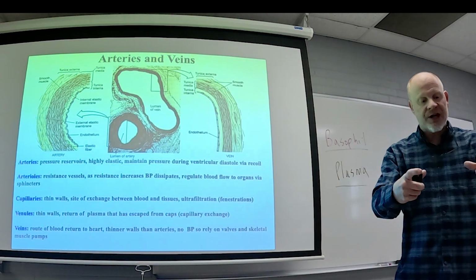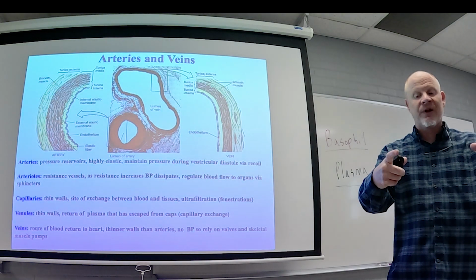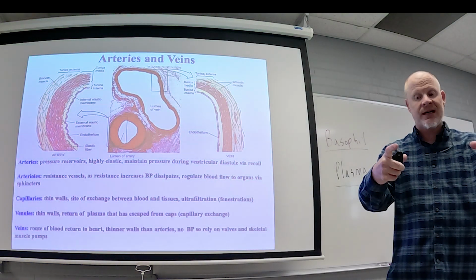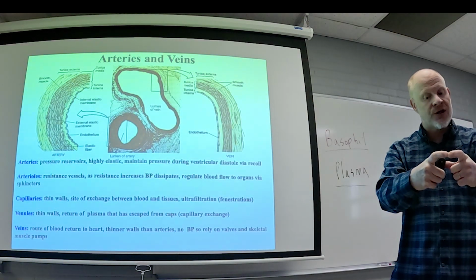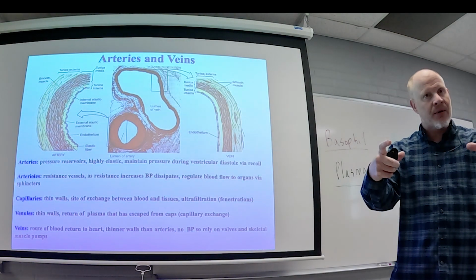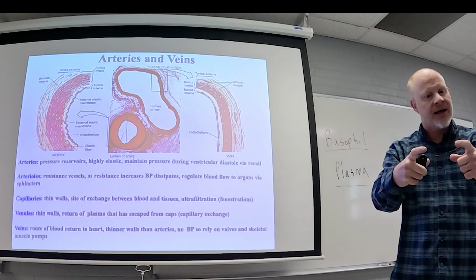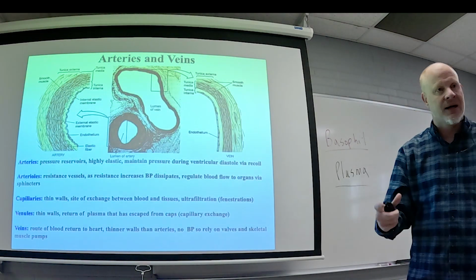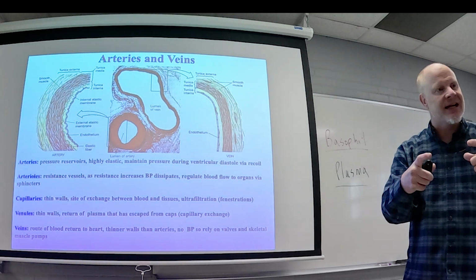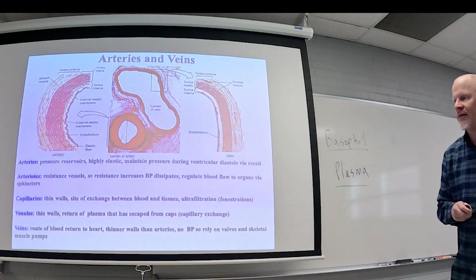And so it stretches, and then when the heart relaxes, what's really nice about arteries is they return to their original shape as the ventricle relaxes. And so what they're doing is pushing on the blood and preventing the blood pressure from just dissipating because they're actually squeezing, if you will, on the blood itself.